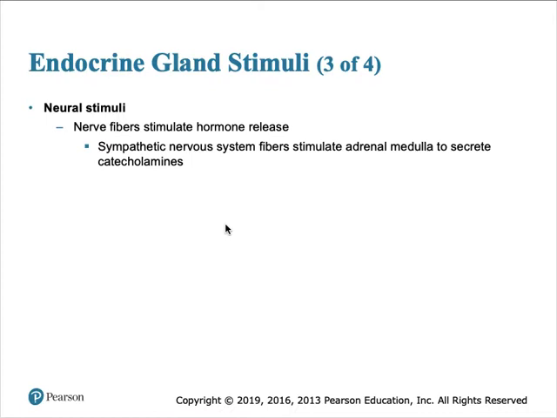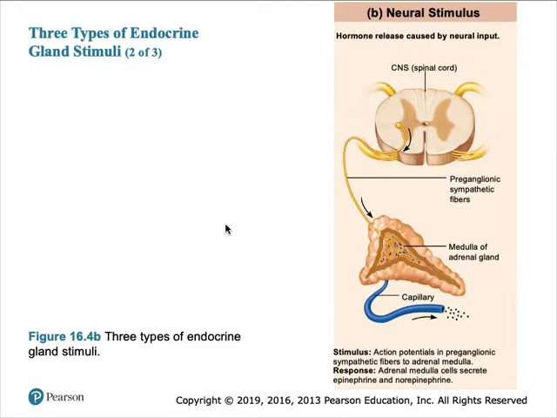It stimulates things like the adrenal medulla to secrete catecholamines. So here's that example. If you remember, the adrenal gland is the gland that sits right above the kidneys. We'll talk some more about that in a minute. Basically, the central nervous system right here is going to cause the release of some of those hormones.